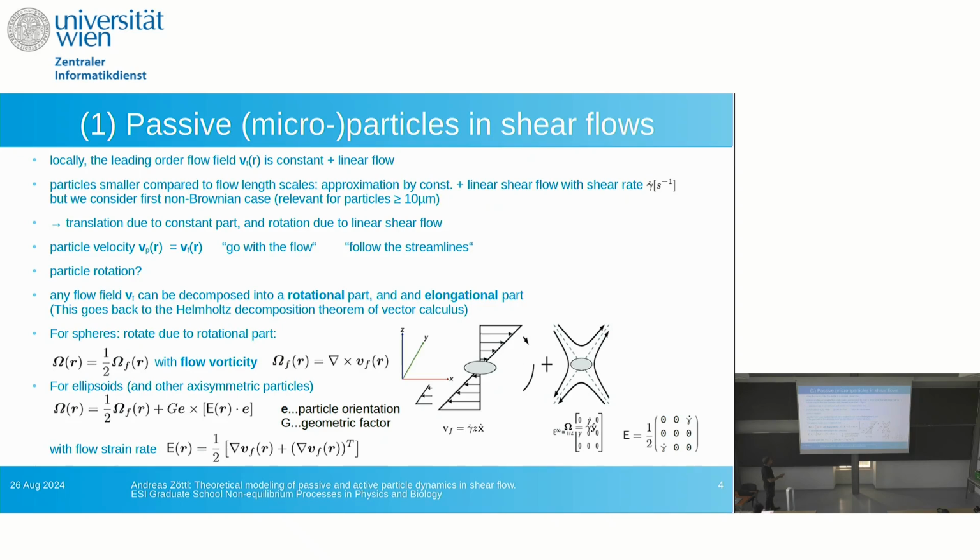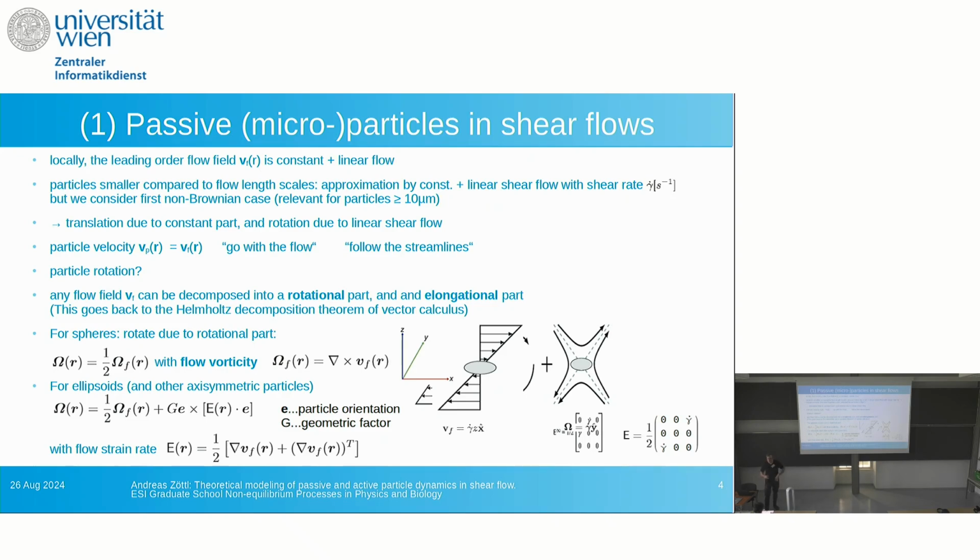And the elongational part is essentially given by the strain rate of the flow, which is defined as the symmetrized part of the velocity gradient. So this is a second rank tensor here.